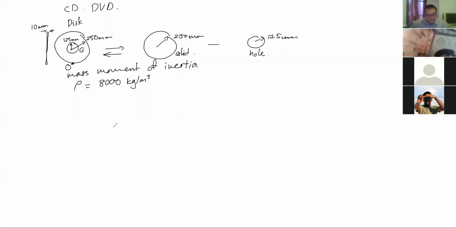First, we try to determine it is a solid disk.